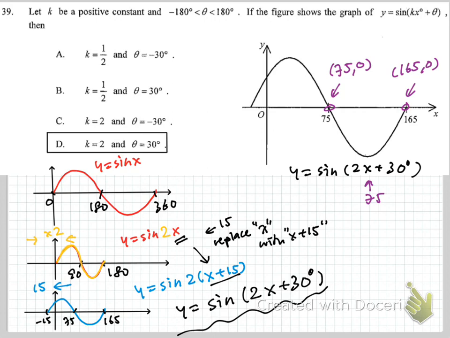Well, it should be 0, isn't it? Yes, indeed, y is 0, right? So it is good. And when x is 165, y should also be 0, right? So I checked 2 times and both are correct. So this is checked. All right, so the answer is indeed D. We have 2 evidence. In addition to our calculation, we have 2 checking points that we can check the answer is D.